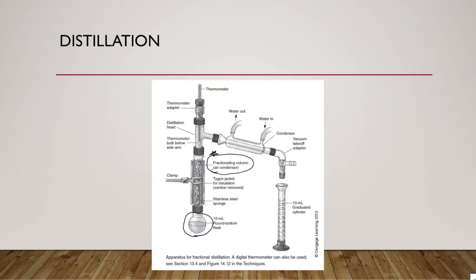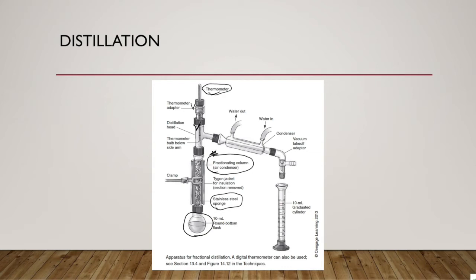Normally in this fractionating column, there are stainless steel sponges filled inside, and on top of it we have the thermometer adapter here, and then the distillation adapter, and the thermometer adapter goes on top of it. That's where the thermometer is placed and held.